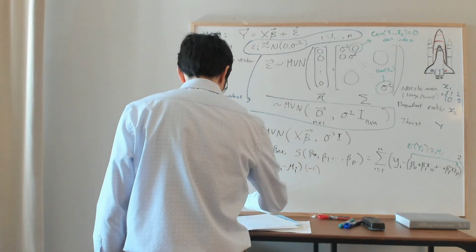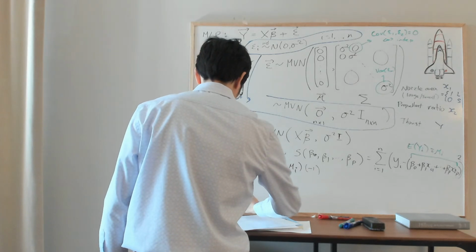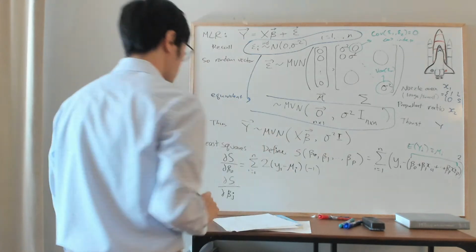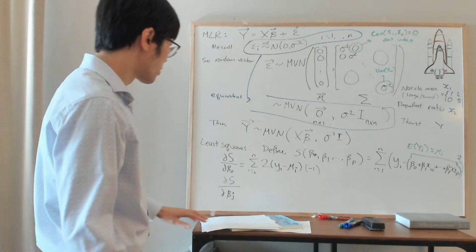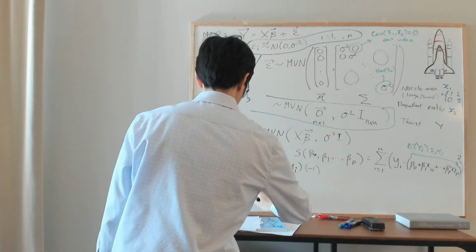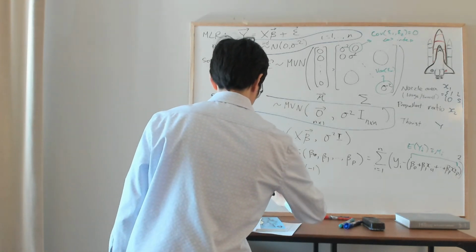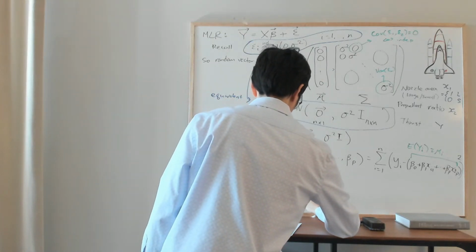So let's do the partial with respect to beta j. Okay, so j is any of these predictors. So we apply the partial. We have 2, we have yi minus mu i again.